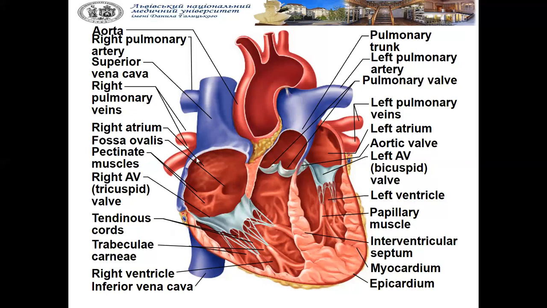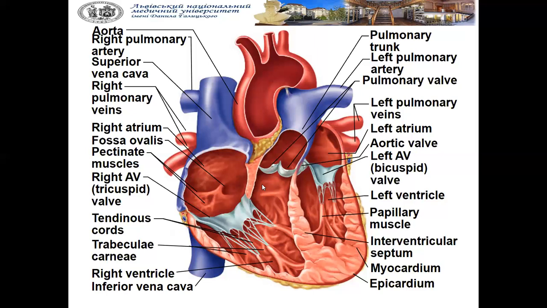Actually, I see this information for the first time too. Now, this picture may have a mistake about the color. Maybe not. Left pulmonary veins. Why not?